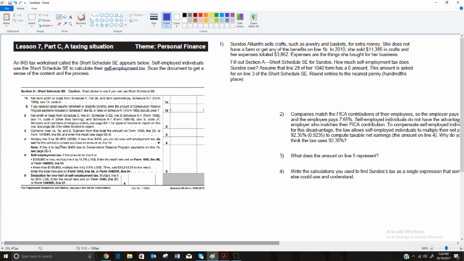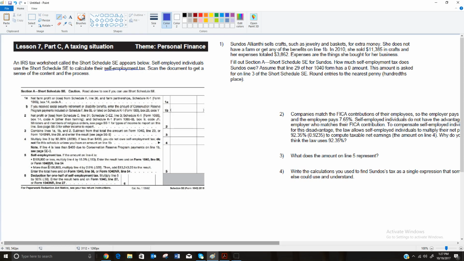If line 4 is less than $400 due to Conservation Reserve Program payments, then it says to go to this other schedule. But we're not going to worry about that. That's not going to be an issue with what we're doing. So then if it's over $400 but less than $106,800, we take that amount and multiply it by 15.3%, and they even convert it to the decimal for us, 0.153, and enter that result.